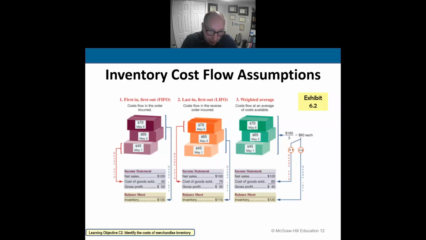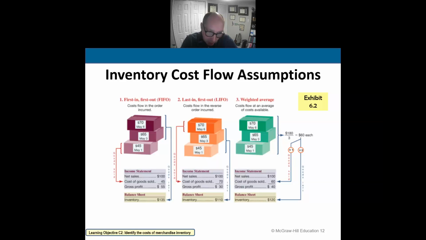So I take the sales price, or sales, minus cost of goods sold. In the first in, first out method, that's $45. The first order I purchased was the first one I sold. I sold it for $100, minus cost of goods sold $45. That means my gross profit is $55.